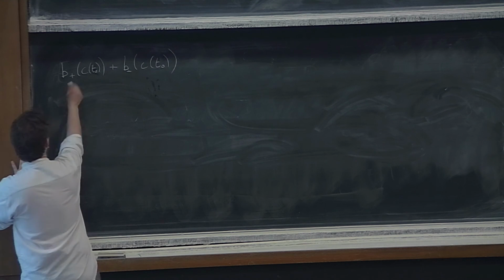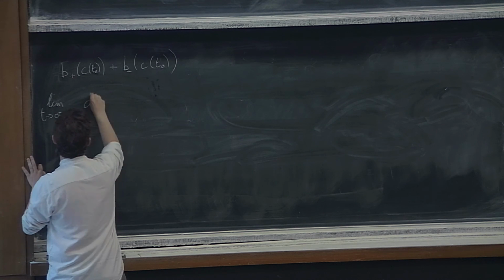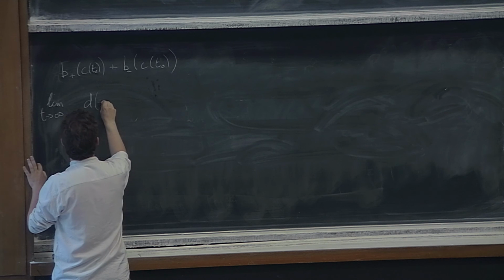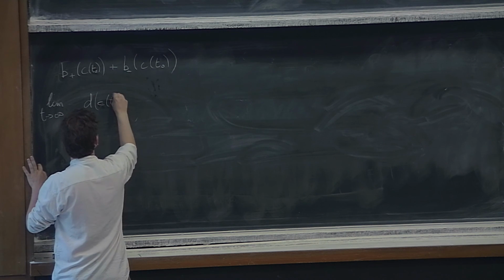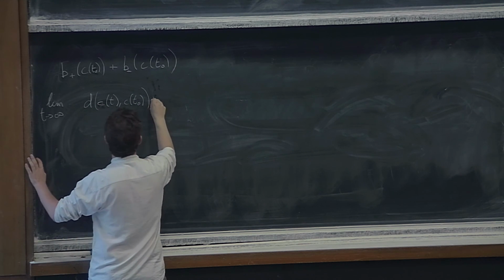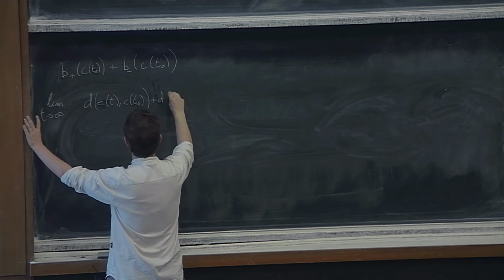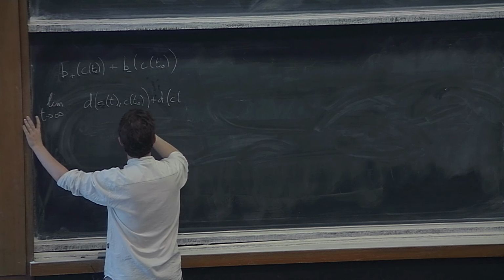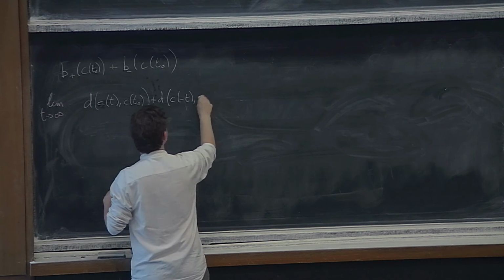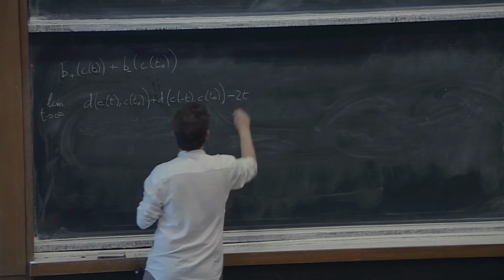So this is the limit as t goes to infinity of d of c of t naught and c of t, plus d of c of minus t and c of t naught, and then I do that minus 2t.